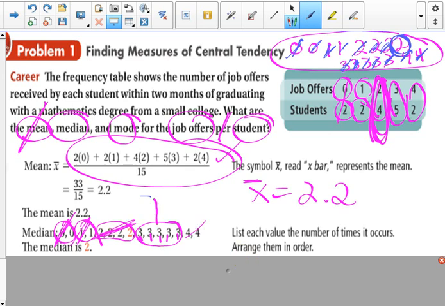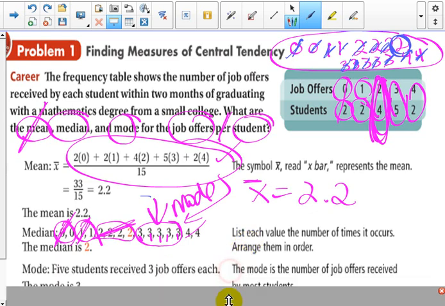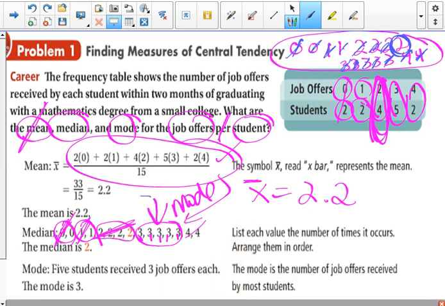So there was the most 3s in our data. We had 5 3s, which is the most any time any one of these appeared multiple times. The highest occurring value is 3, so 3 is our mode. Whatever occurs the most in your data, so the mode is 3. Any questions on those?